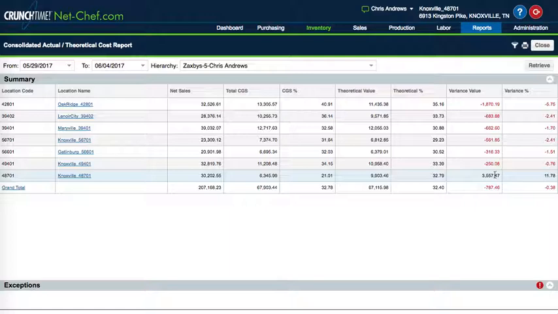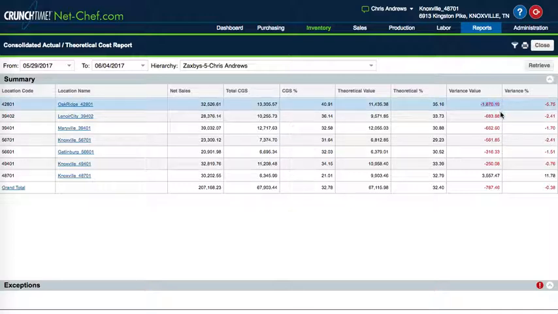Another thing that I look at as well is variance value. It's very similar to variance percentage, but it's just going to give you a dollar value. Putting the dollars and cents behind it, a 5.75% variance at Oak Ridge means that there's almost $2,000 worth of product that's unaccounted for or miscounted.